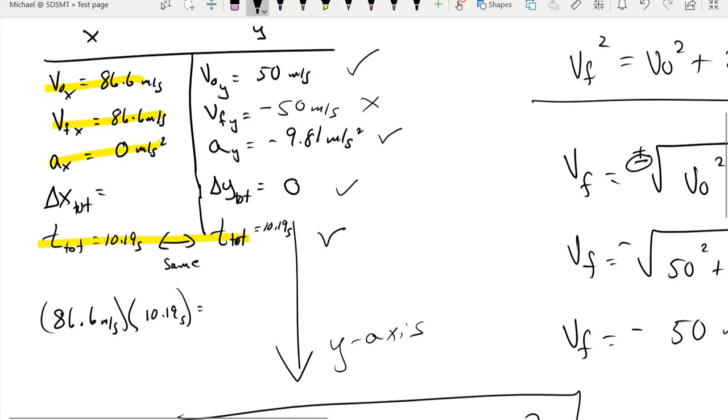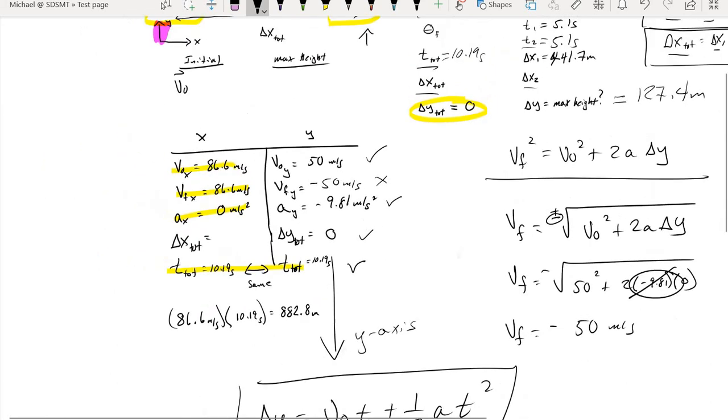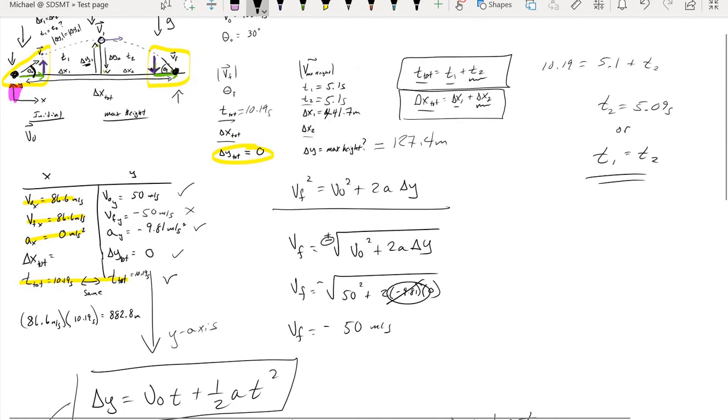We multiply those together and we will get the total displacement, 882.8 meters. So our total displacement along the x direction is 882.8 meters.